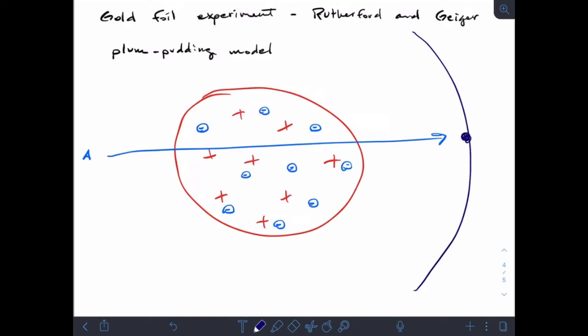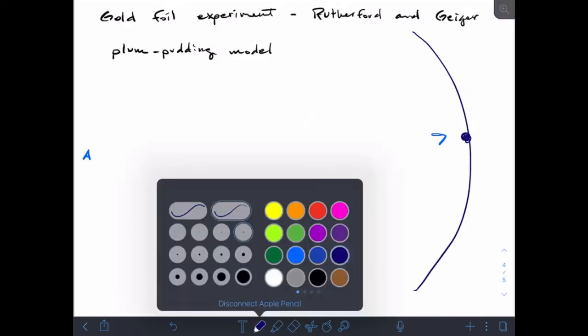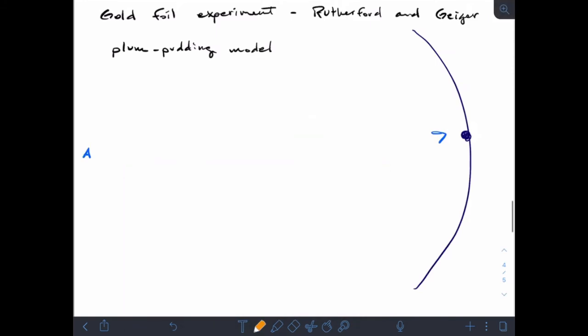Why this is called the gold foil experiment is that they had a sheet of very, very thin gold foil. The idea was that if the atoms of the gold were like the plum pudding model, the particles should go straight on through.